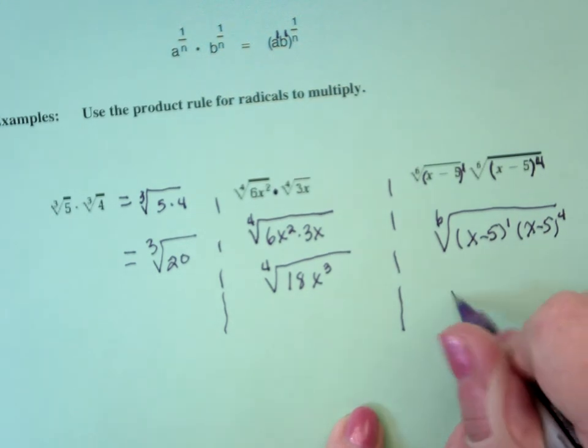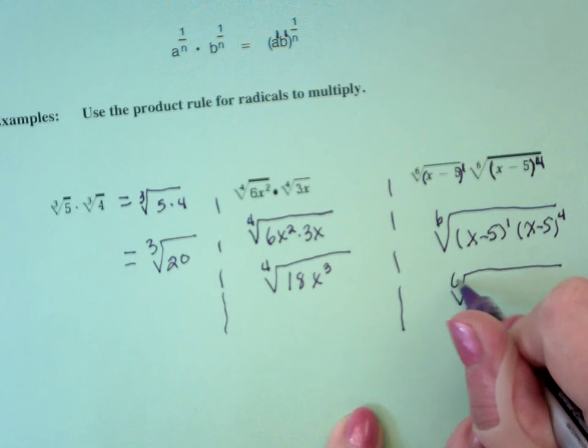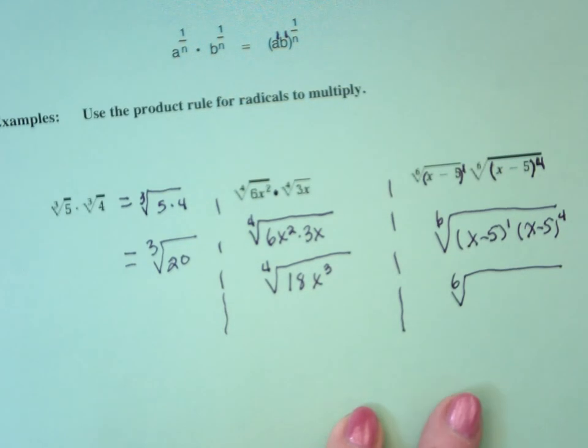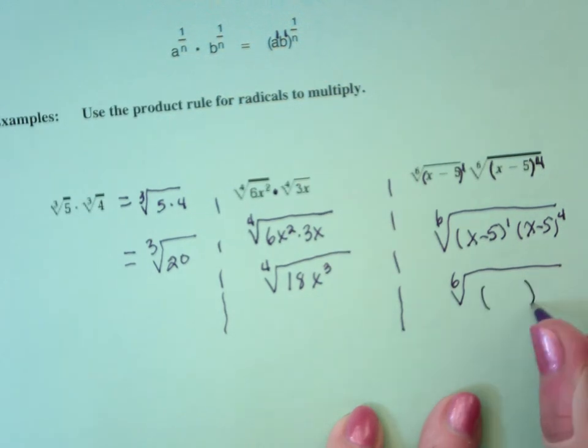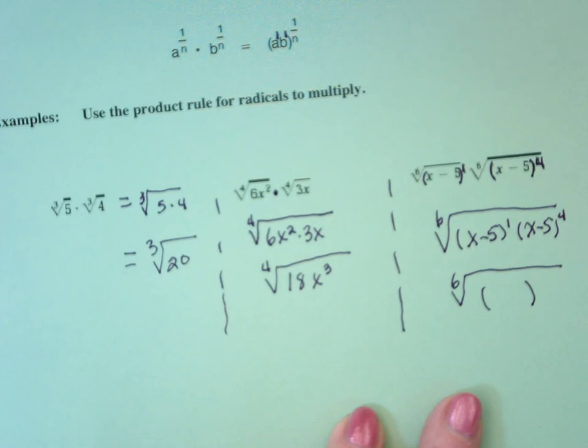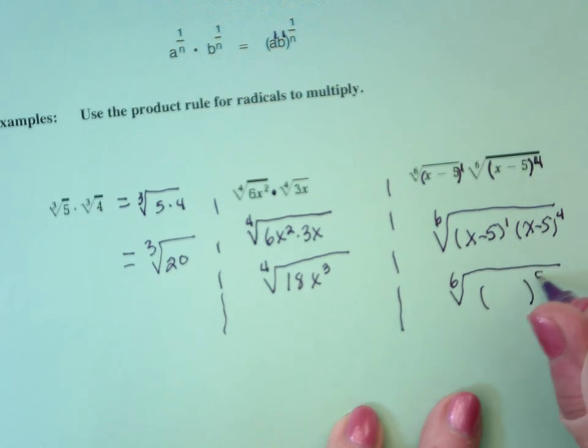And if the bases are the same, what do we do with the exponents? Add them, right? A to the m times a to the n is a to the m plus n. So this would be that set of parentheses, really don't care what's in it, to the 5th power. Now I can write down x minus 5.